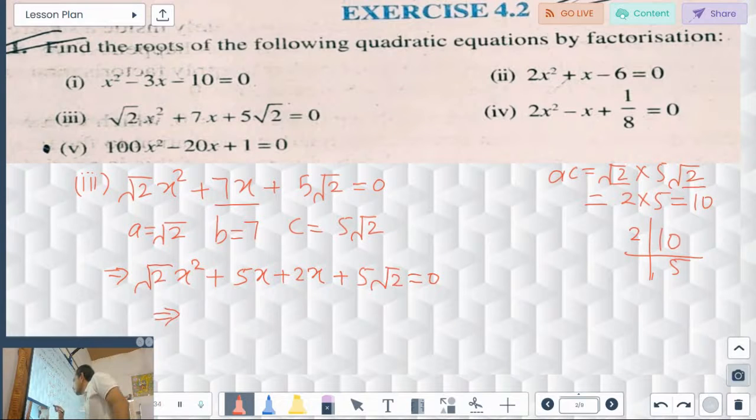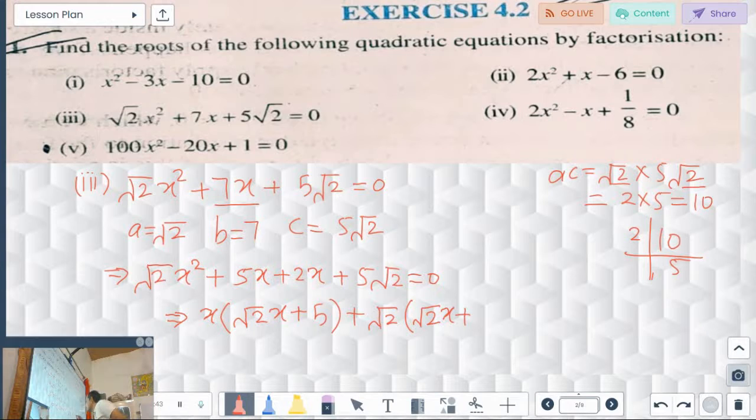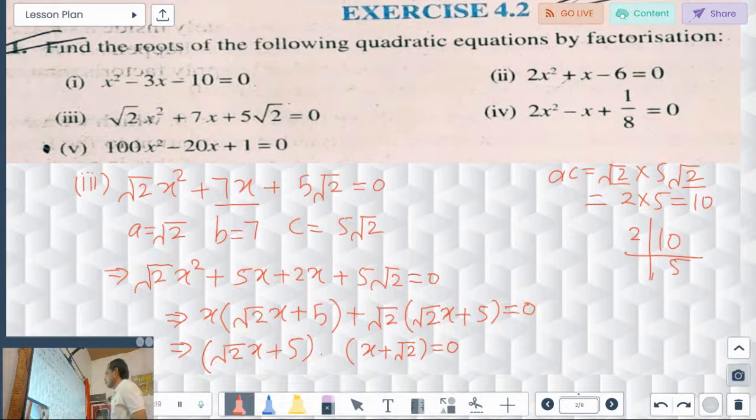Now x is common, x into root 2 x plus 5, plus if we take root 2 common, root 2 into x plus root 2... Root 2 x plus 5 and x plus root 2 equal to 0. There are two factors of x.